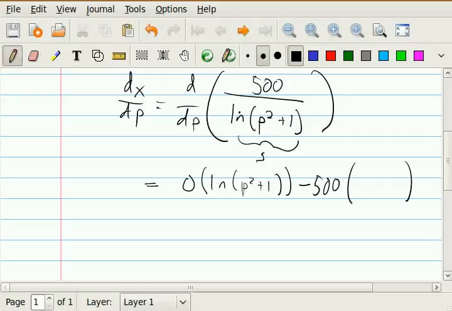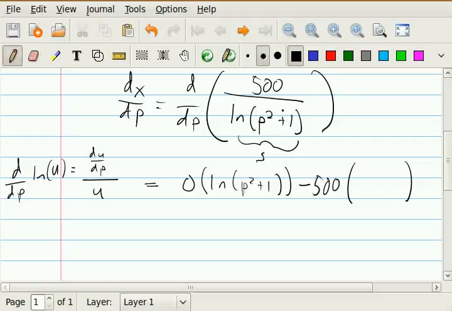So we're taking the derivative of natural log of p squared plus 1 with respect to p. Really what we're using is this rule. Probably writing it a little differently than you're used to, but it's the basic rule for differentiating the log of a function. The only thing that's different is that we're differentiating with respect to p.